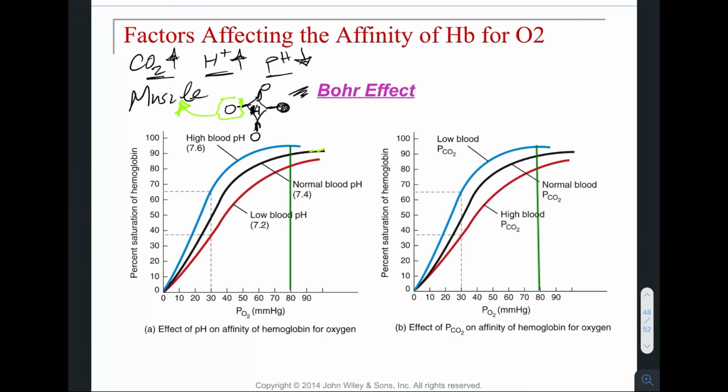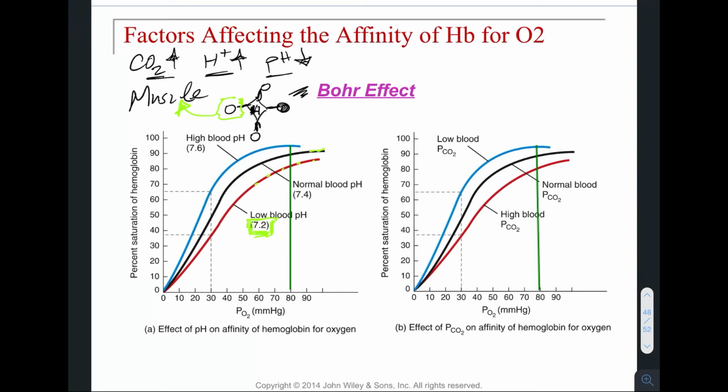But notice that the red line down here is showing us what happens when the blood pH drops very low, at 7.2, is that at every single point on that red curve, the hemoglobin is less saturated, right? It's going to have less oxygen on it.